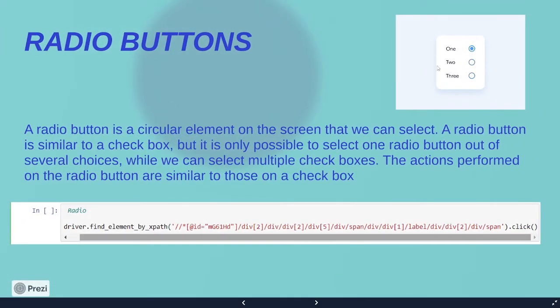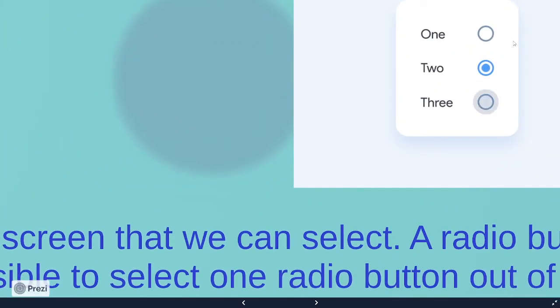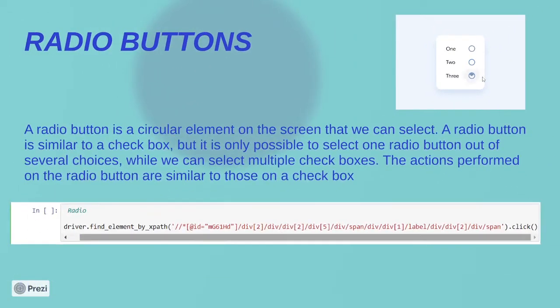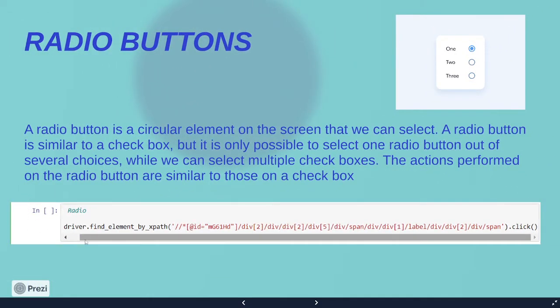For example, you can see here first option 1 was selected, and by clicking on 2 option 1 is automatically unselected, and after that we click on 3 and option 2 is automatically unselected. That means we can choose only one option at a time. This also can be automated using a line of code like this.